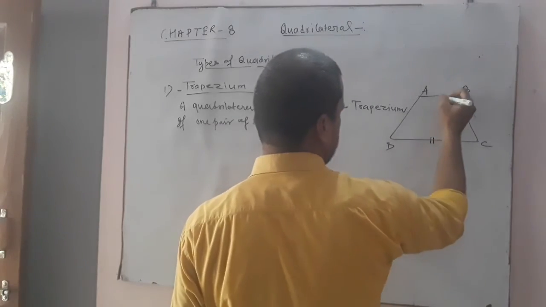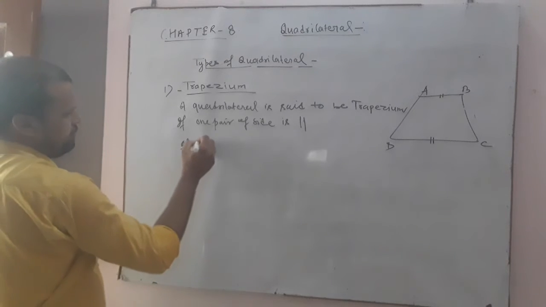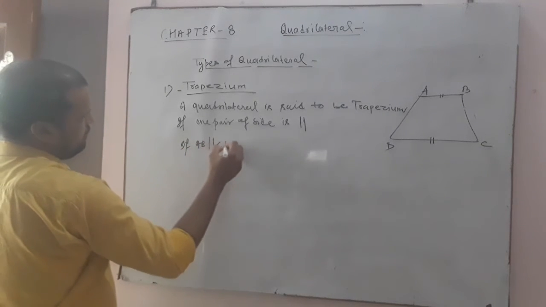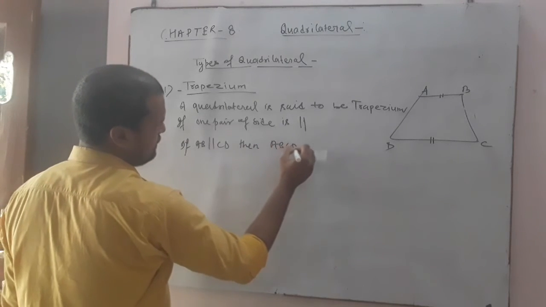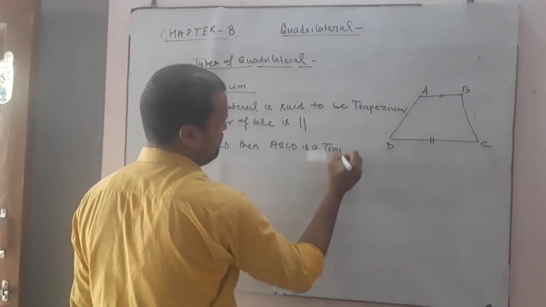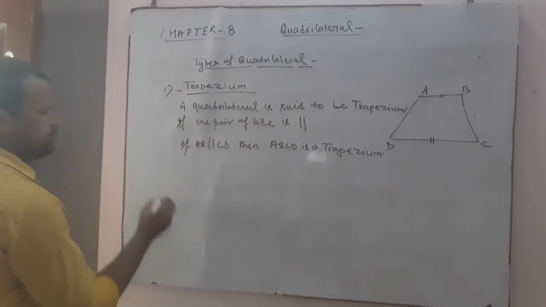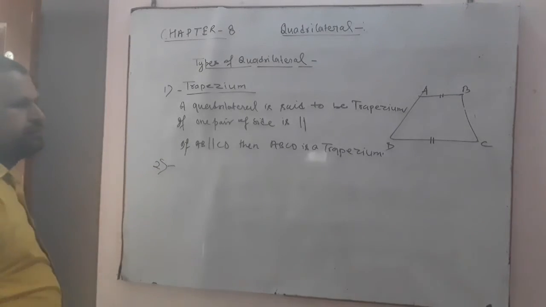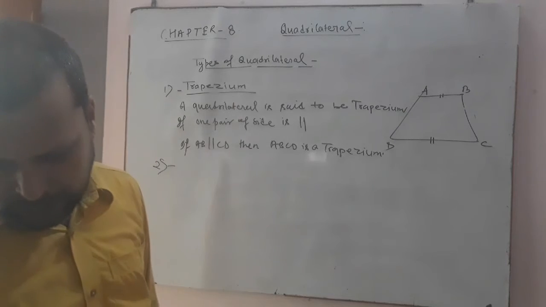If AB is parallel to CD, then ABCD is a trapezium. Now second, parallelogram.